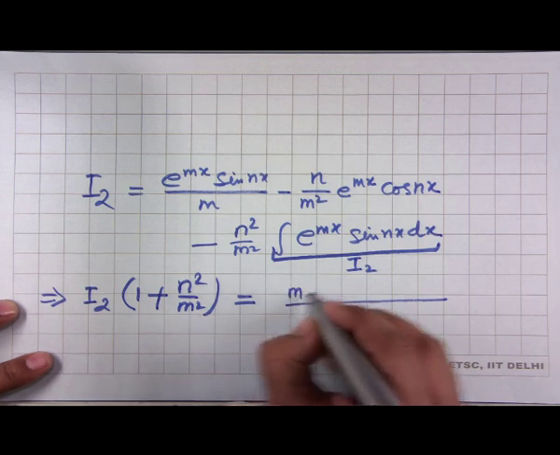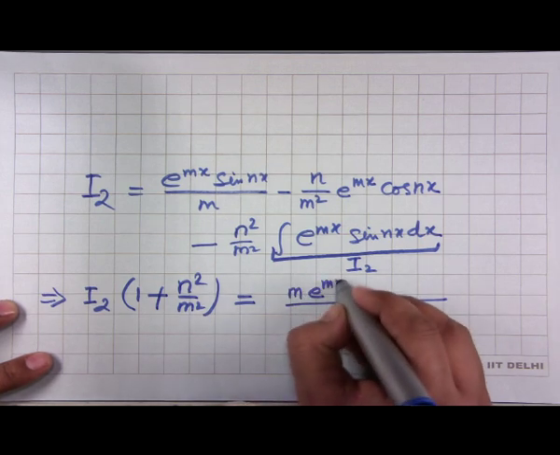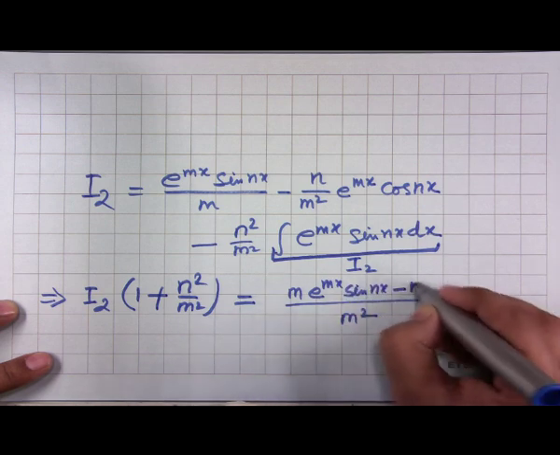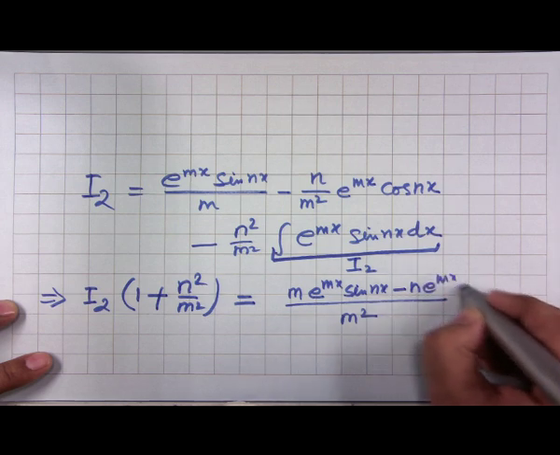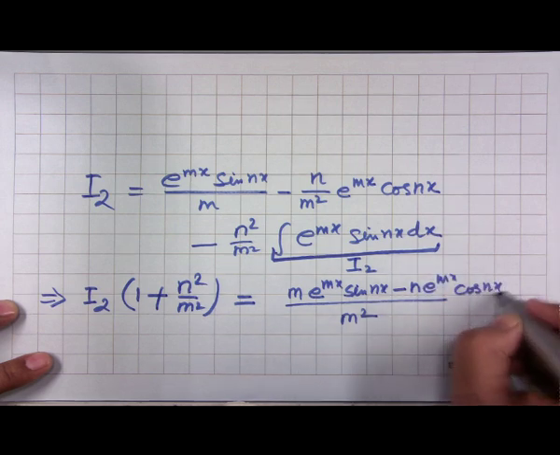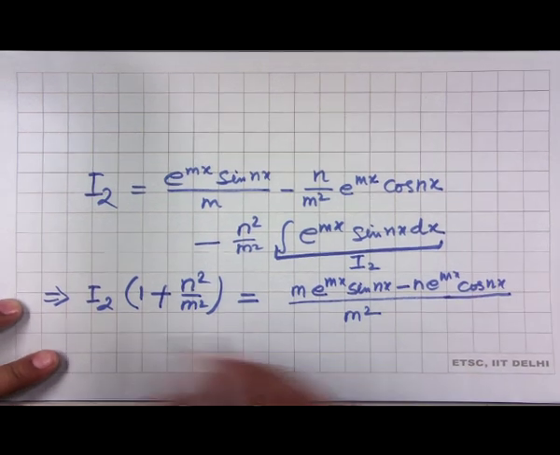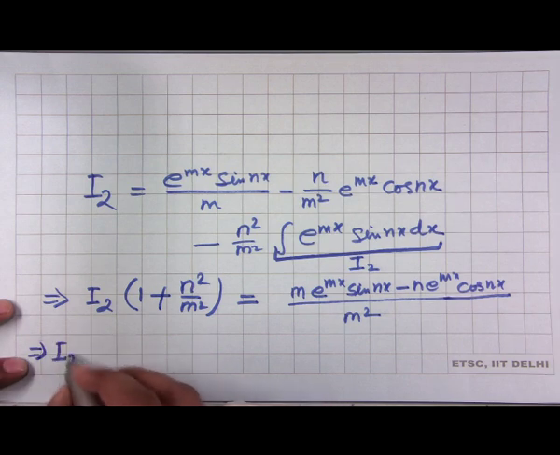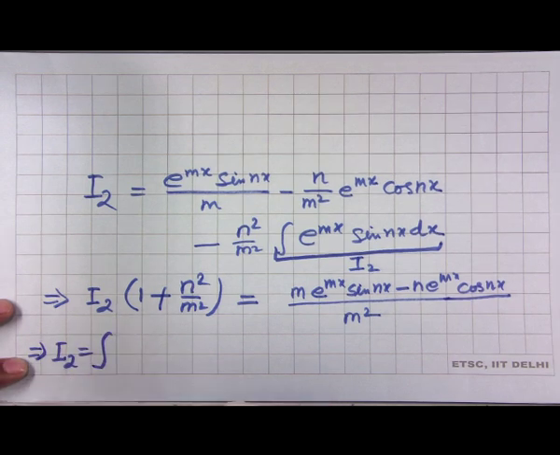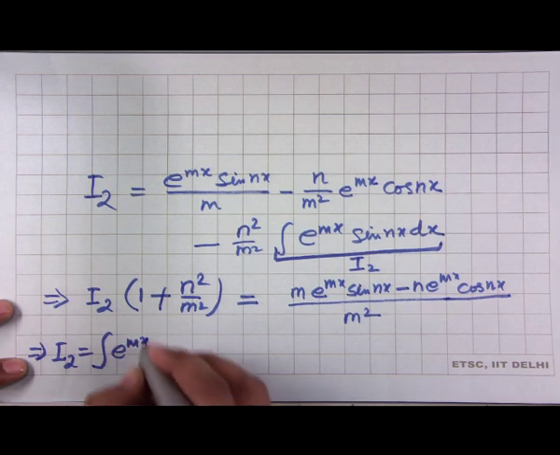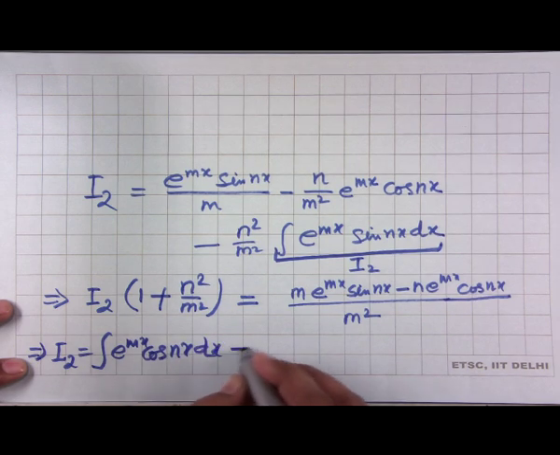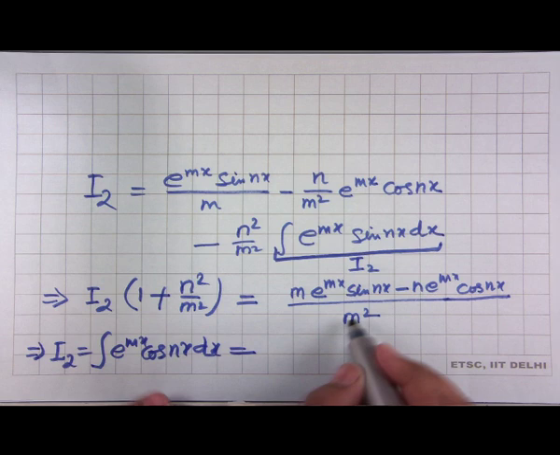So, that m e raised to power mx sin nx minus n e raised to power mx cos nx. Simplifying this will ultimately lead to the I2, which is nothing but the integration of e raised to power mx cos nx dx, equals to, m square gets cancelled.